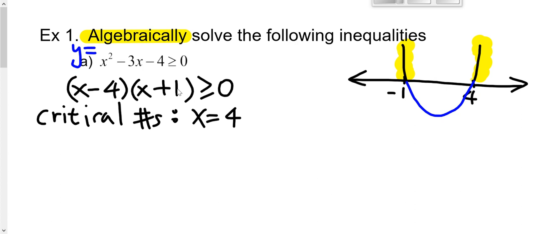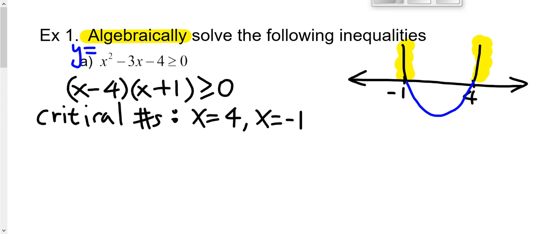Set this equal to 0 as well. X plus 1 equal to 0, and that means x is -1. If you plug in -1 here, that would make this whole factor equal to 0. So from this, we figured out that something would be happening around 4 and -1.